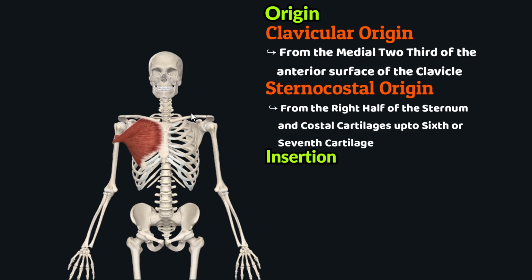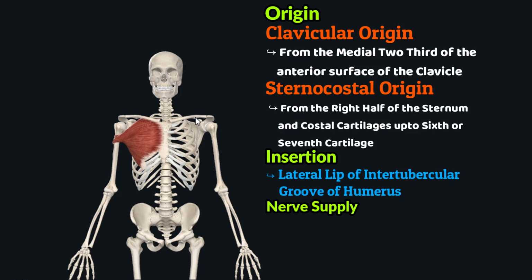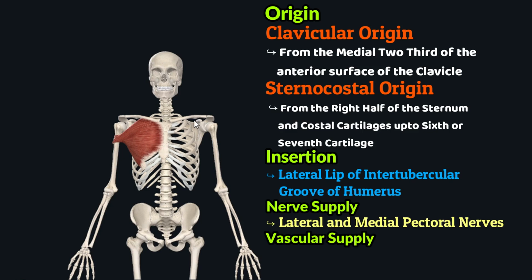This muscle inserts on the lateral lip of the intertubercular groove of the humerus. It is supplied by the lateral pectoral nerve and the medial pectoral nerve. Looking at the vascular supply, the pectoral branches of the thoracoacromial artery supply this muscle.